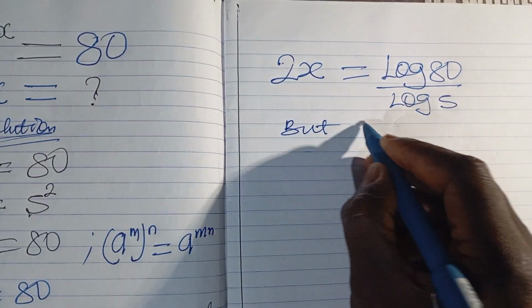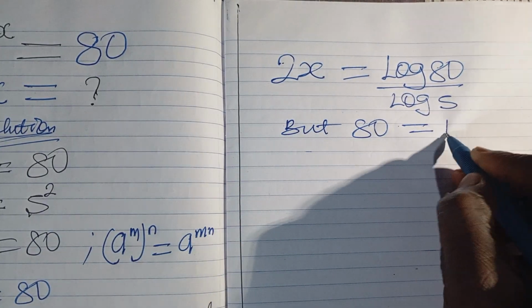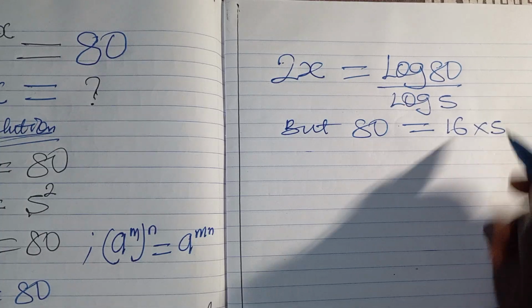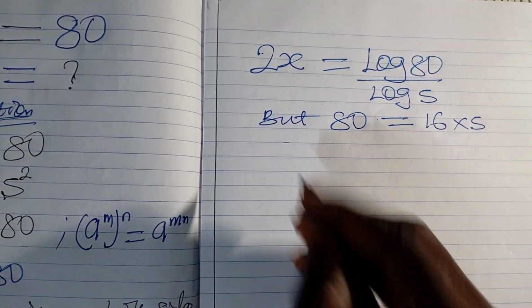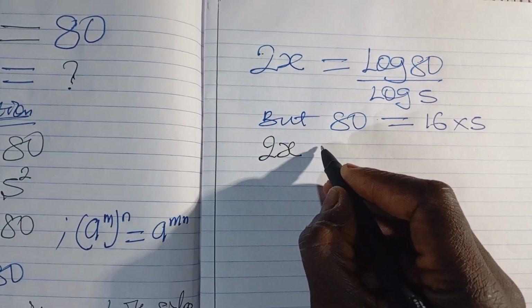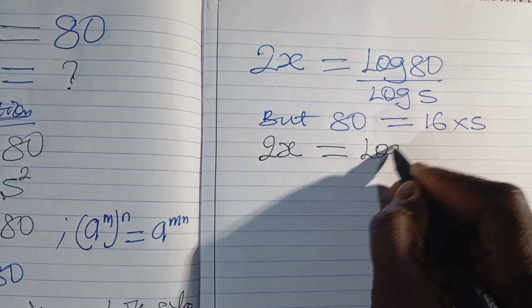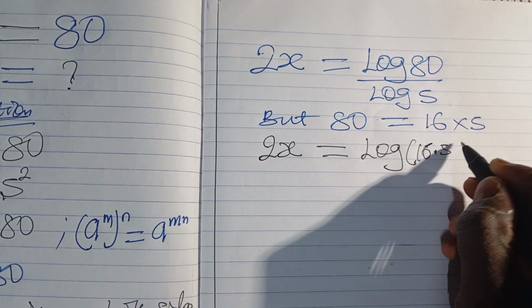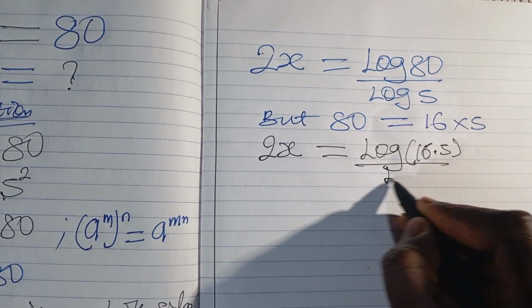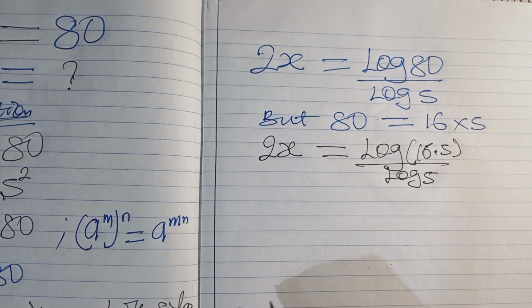But 80 is the same as 16 times 5. So we now have 2x is equal to log of 16 multiplied by 5, divided by log 5.